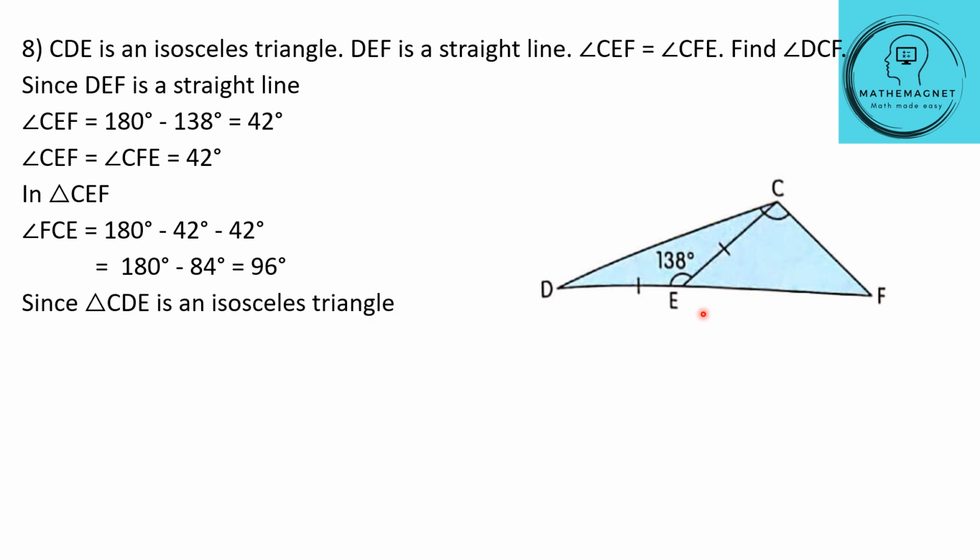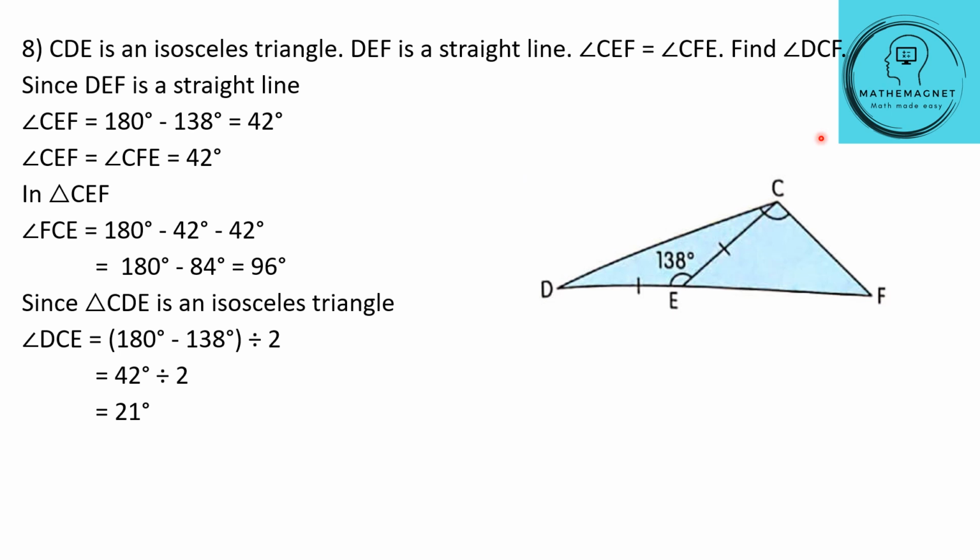Now we will look at this isosceles triangle CDE. Now these two sides are equal, which means the angles opposite to the two equal sides will be equal. So angle CDE will be equal to angle ECD, and 180 minus 138, divided by 2, will give you angle DCE, which is 42 divided by 2, which is equal to 21.